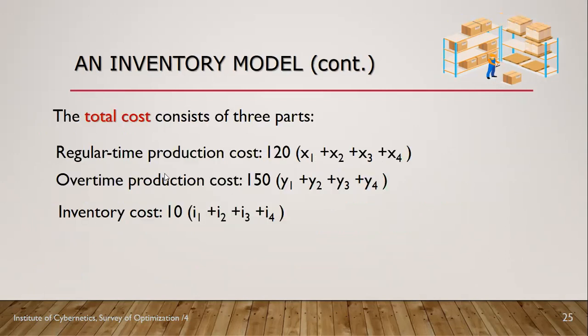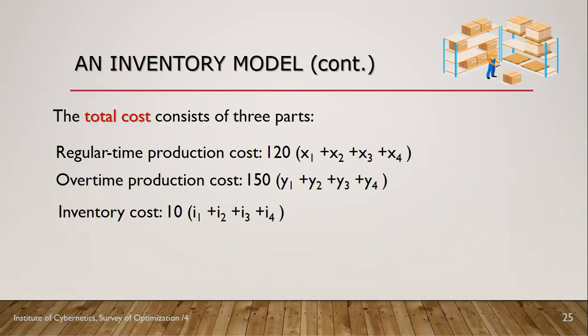And here we may move to formulating the objective function. Remember that the goal was to minimize the total cost, but the total cost will consist of 3 parts. The first one, regular time production cost, which is $120 per unit of regular time labor, times the total number of units produced with the regular time labor.